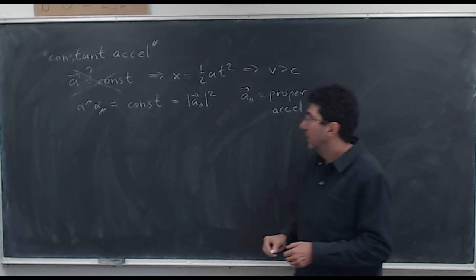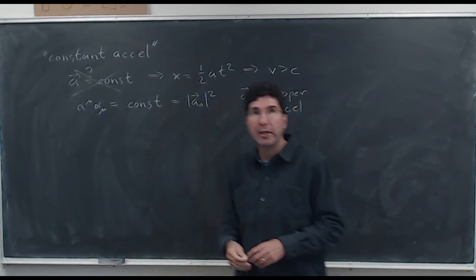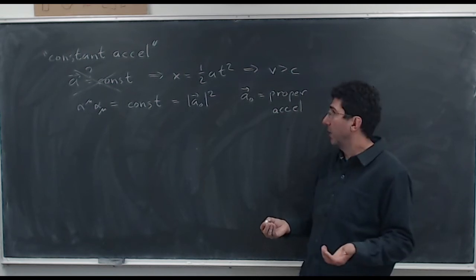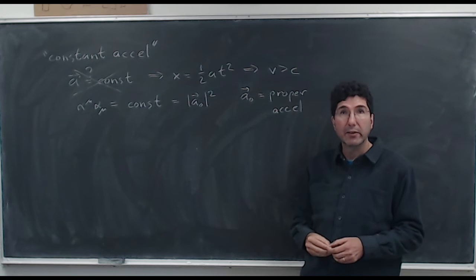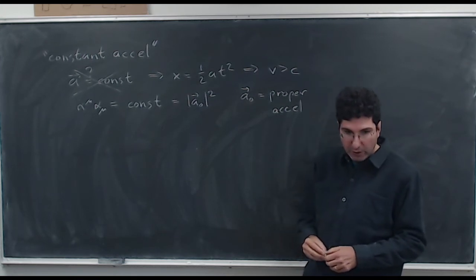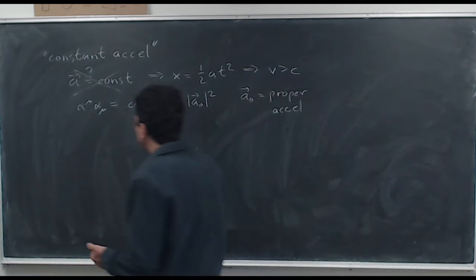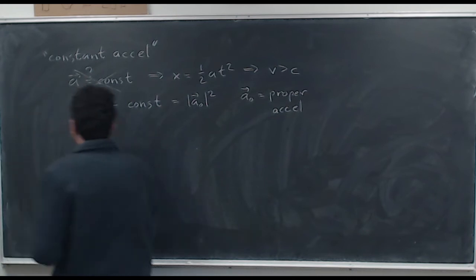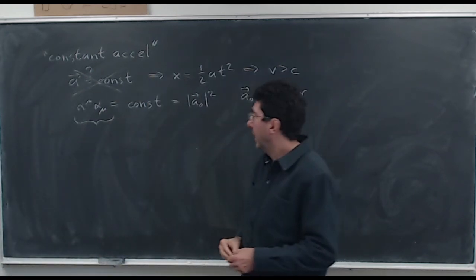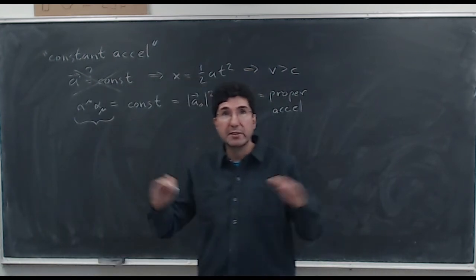So let's run with this. Let's assume that we're interested in this kind of motion. What we want to find out is what the trajectory of a particle with this kind of motion looks like. To do that, we want to evaluate this quantity in terms of the 3-velocity, for the simplest case where everything is in the x direction.